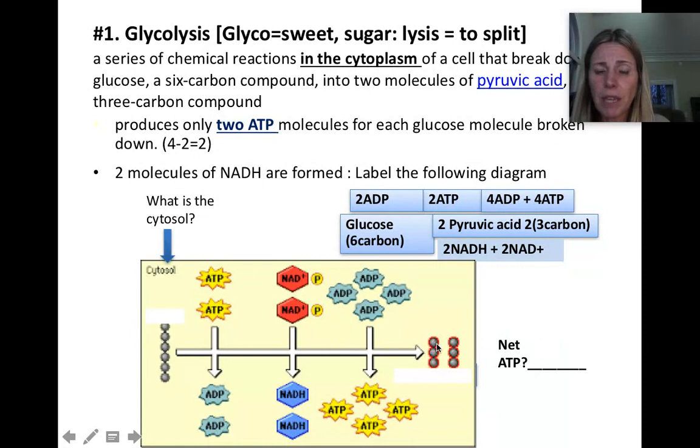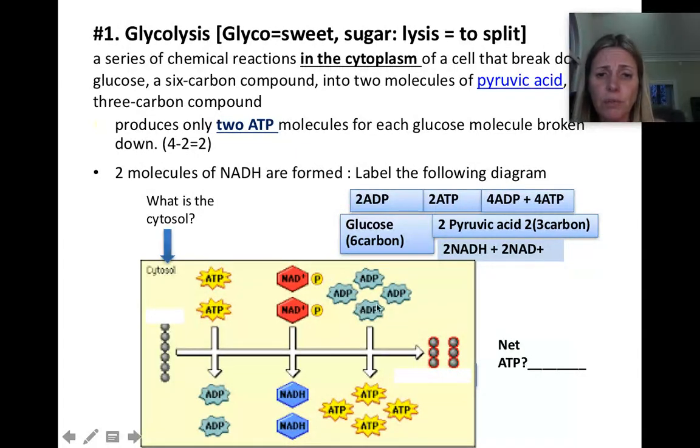Glucose is now going to be making 2 pyruvic acids, which you can see are 3 carbon sugars, if you want to call them that. And then you're also going to be making 4 ATPs, which are right here. And also what you're going to be doing is taking your NAD plus another phosphate or energy requirement from the ADP.